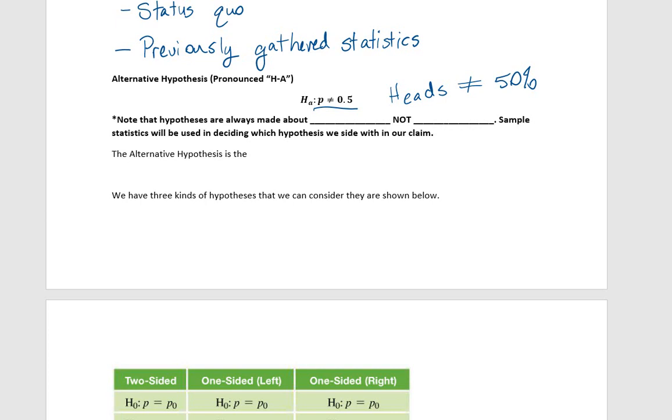So note that a hypothesis is always made about the population and not about the sample. So what we do is that we use the sample later to decide which hypothesis we side on. So I like to say that the alternative hypothesis is the test or the expectation.